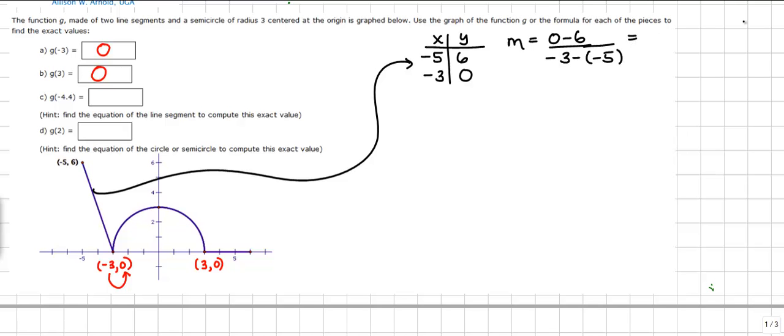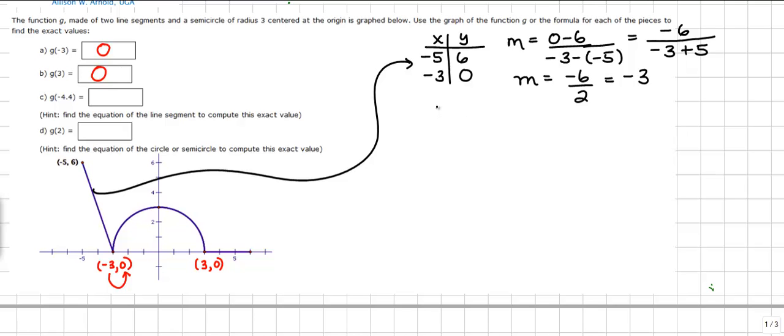Which is 0 minus 6 divided by negative 3 minus negative 5, and obtain negative 6 divided by negative 3 plus 5, or a slope of negative 6 divided by 2, or finally negative 3. We can use point slope form or slope intercept form to write down the equation of this line segment.